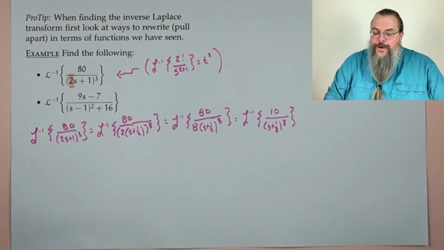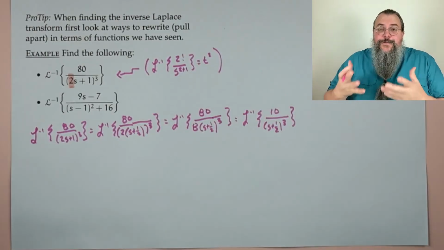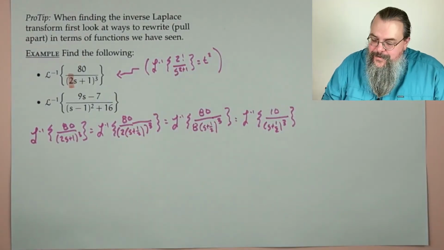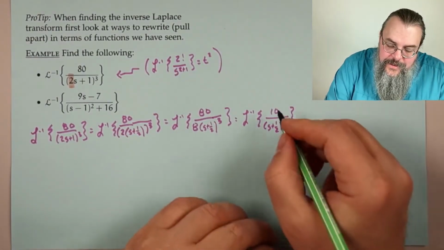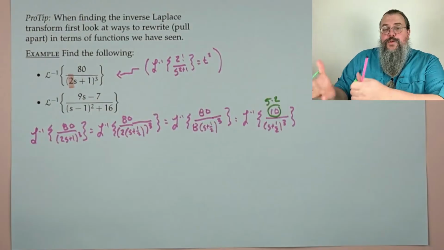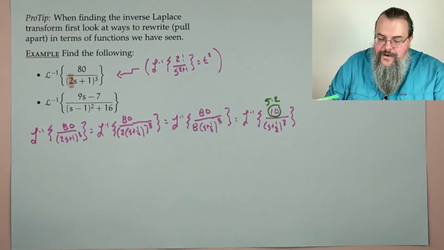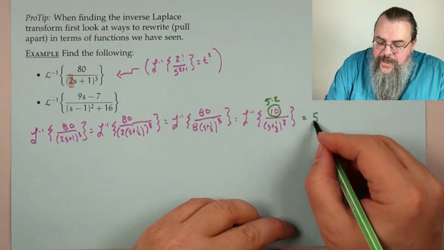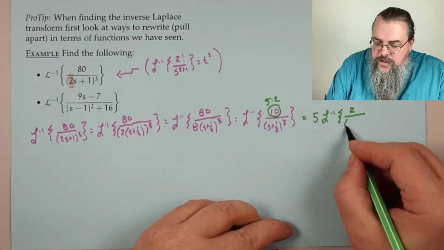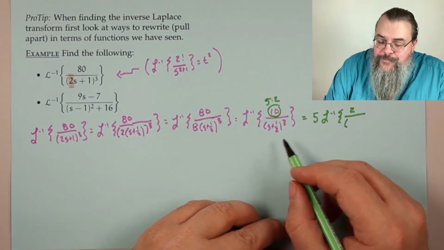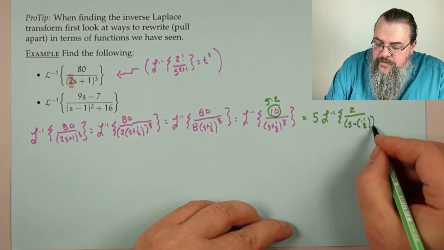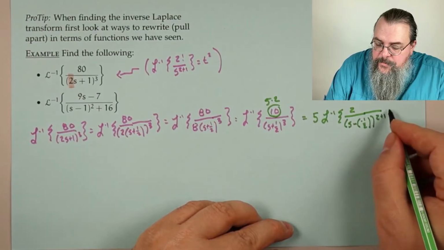So if I just want 2, I have 10, I have basically a factor of 5. 10 is 5 times 2. And now we can pull the 5 out. All right, good. So we now have 5 inverse Laplace of 2 over, now s plus a half, I'm going to write that as s minus a half, and instead of 3, I'm going to write it as 2 plus 1.